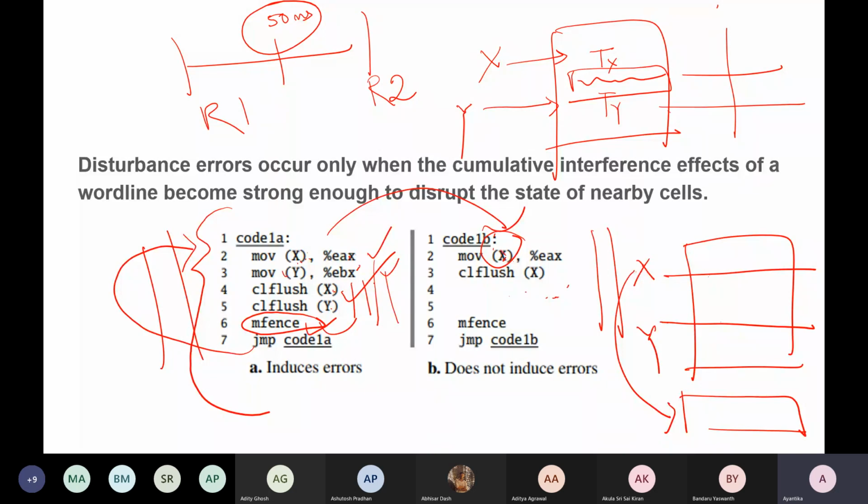We disjoin the word line according to the convention only when we are moving to another row. So when it is move Y, then we are hitting some other row.